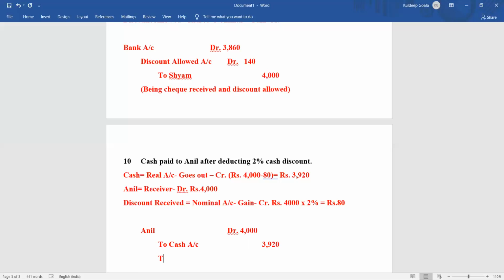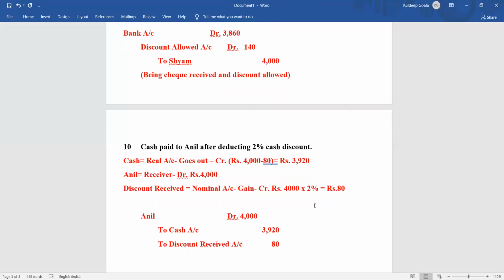Then to discount received how much? Discount received account will be 80 rupees, right? So what will be the narration?